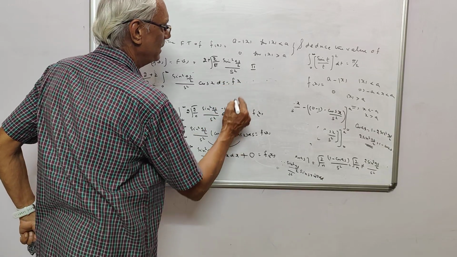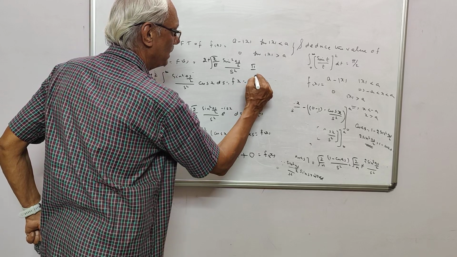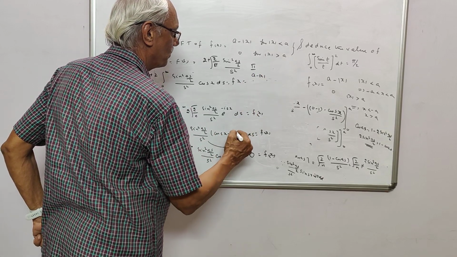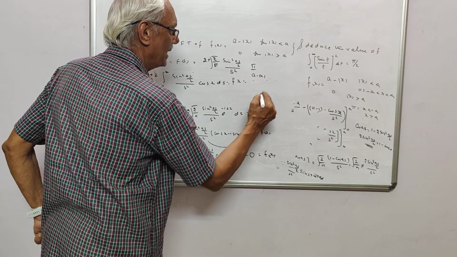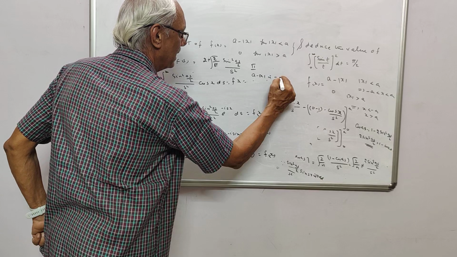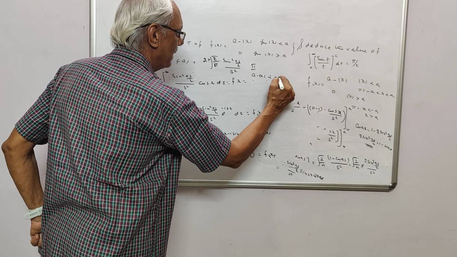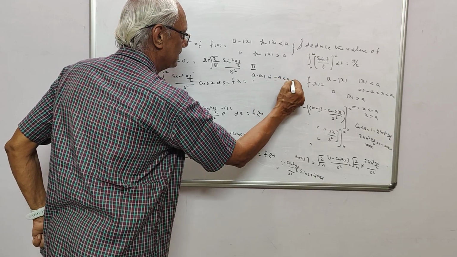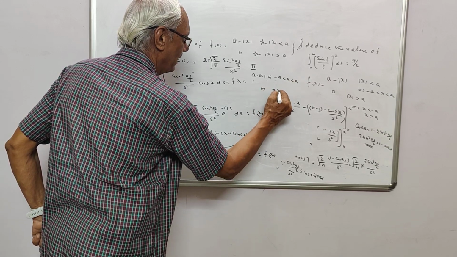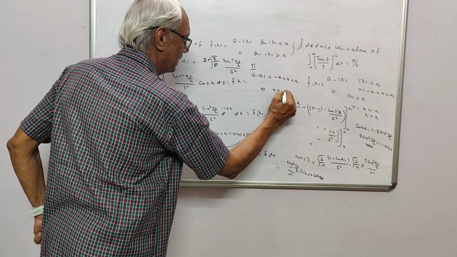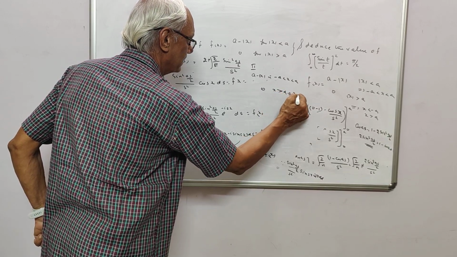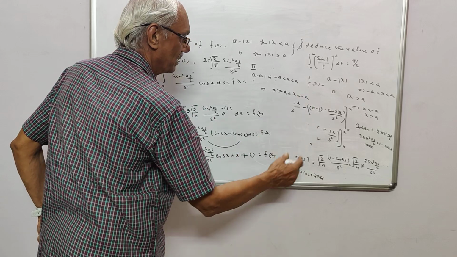Actually speaking, f of x is equal to pi by 2 times a minus the modulus of x for x between minus a and plus a, and is equal to 0 for x greater than a and x less than minus a.